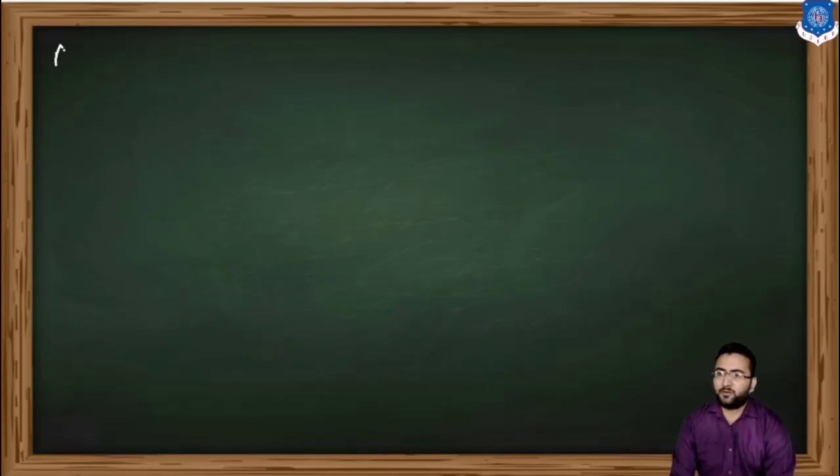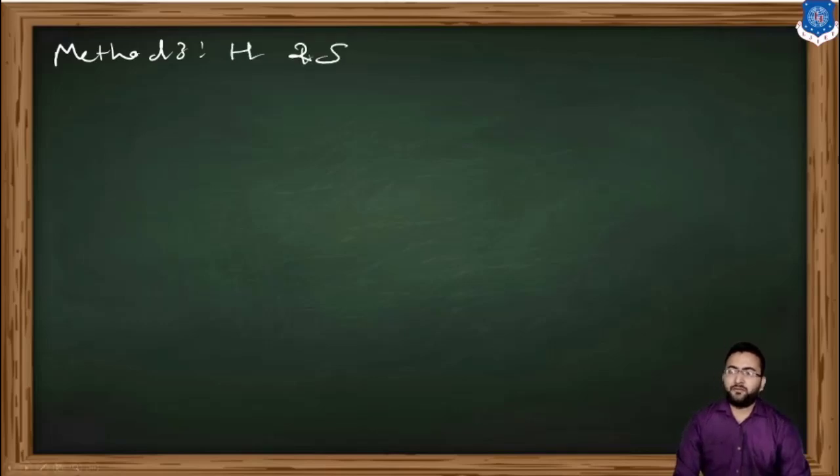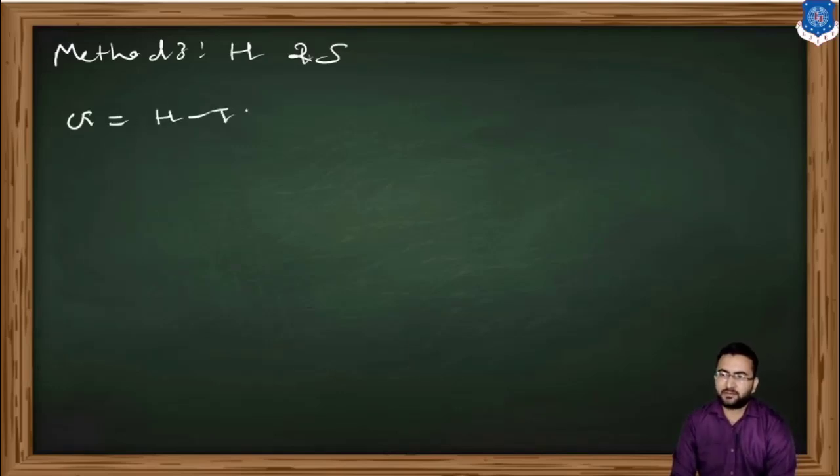Now let's discuss method 3, which is used to find the fugacity using enthalpy and entropy. Enthalpy is denoted by H and entropy is denoted by S. Using enthalpy and entropy, the difference of Gibbs free energy in the standard state and at the real state can be given as follows. For the real gas, Gibbs free energy G is equal to H minus TS, which in terms of fugacity we can write as RT ln f.